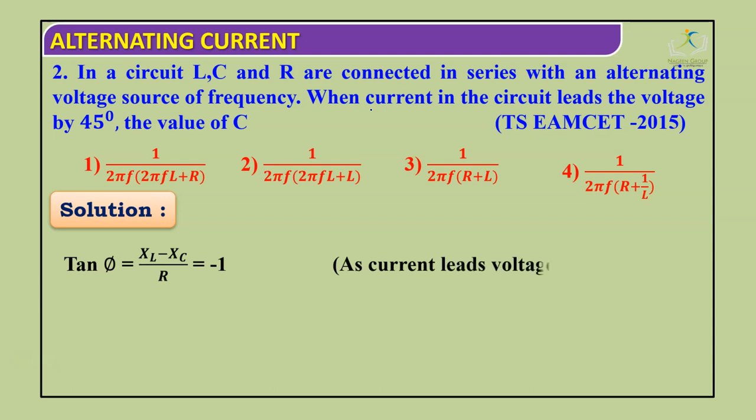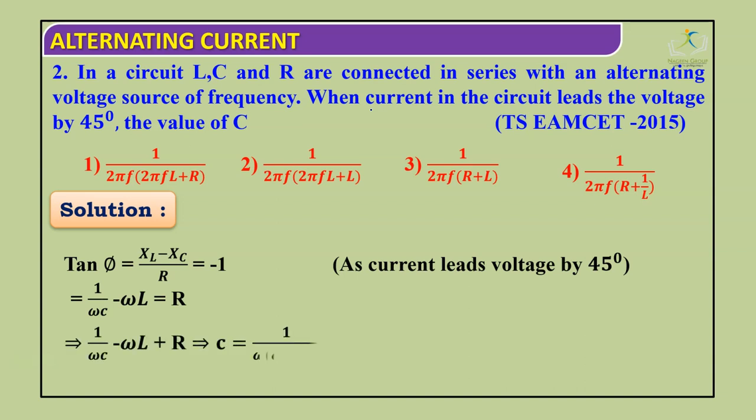We know that tan phi is equal to (XL minus XC) by R, which is equal to minus 1, as the current leads the voltage by 45 degrees. So 1 by omega C minus omega L is equal to R. When we calculate the value of C, this becomes 1 by omega (omega L plus R).